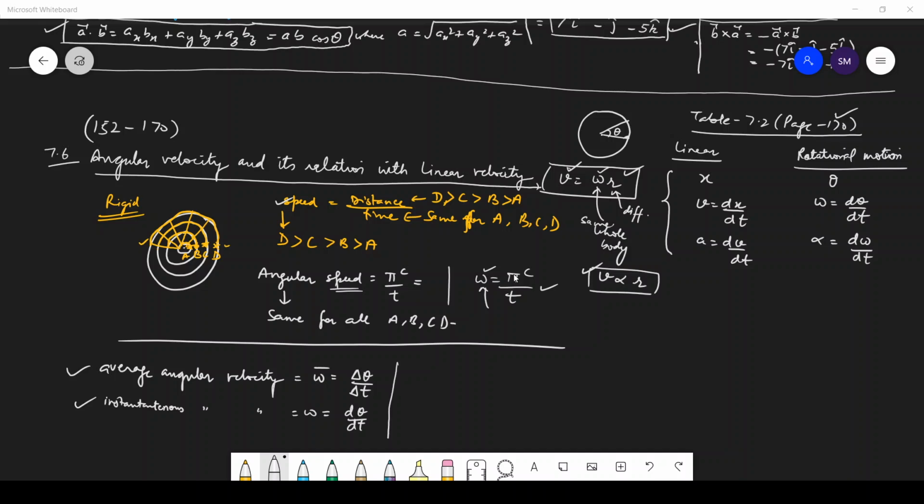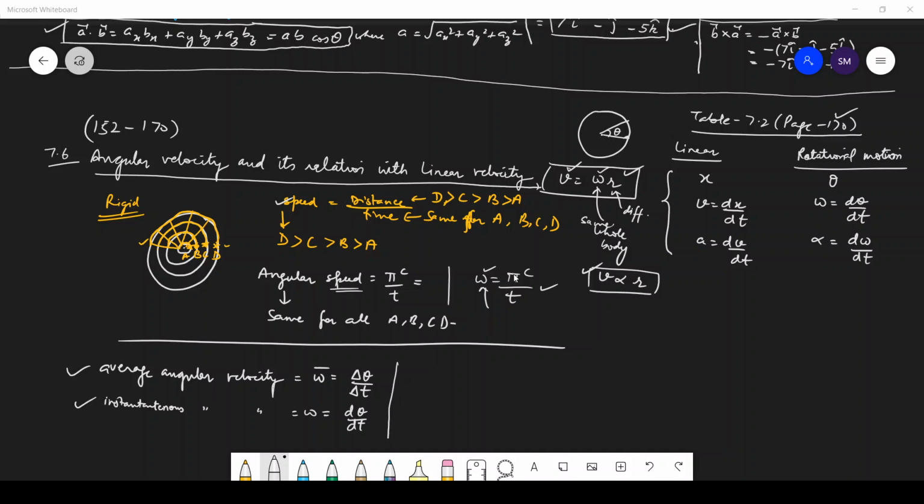So the rotation is moving in this direction, and the direction of angular velocity is perpendicular to the plane of the rotation, along the axis of rotation. So the difference between the directions of linear velocity and angular velocity you can see even in figure 7.7b: the direction of linear velocity is tangential, but the direction of angular velocity is perpendicular to the plane containing the circle.